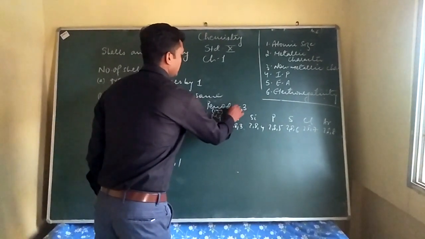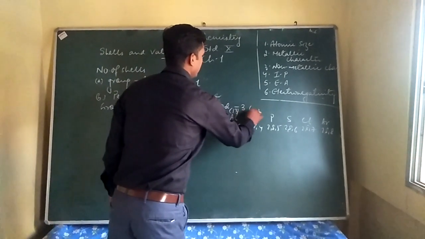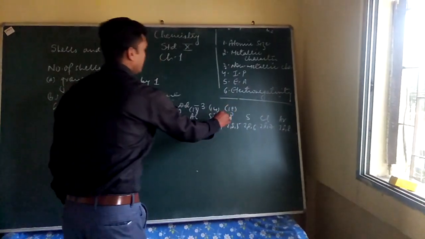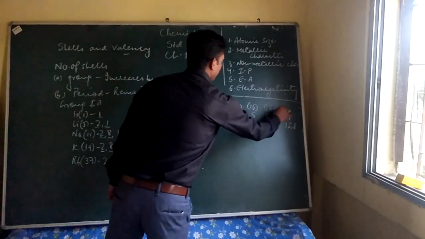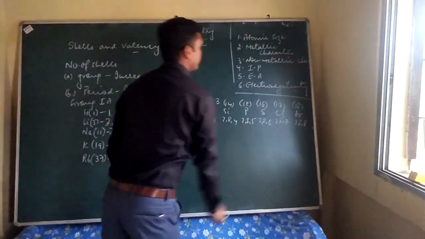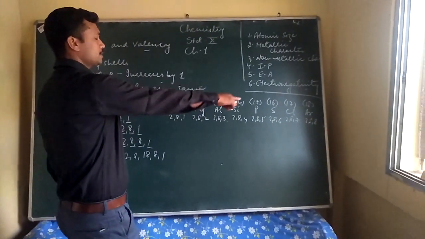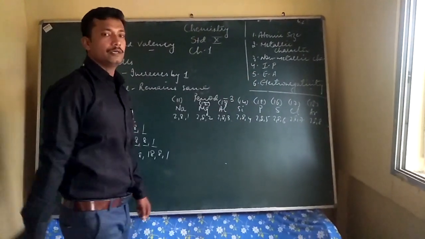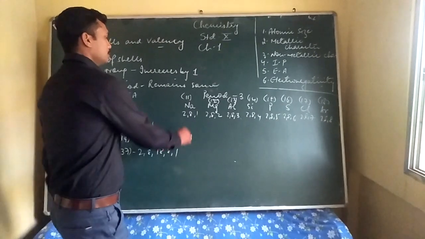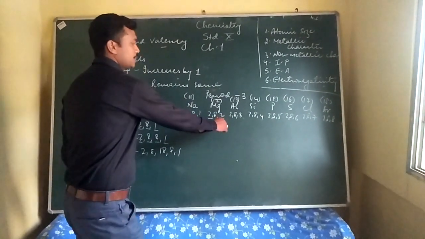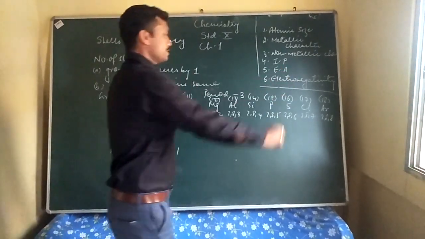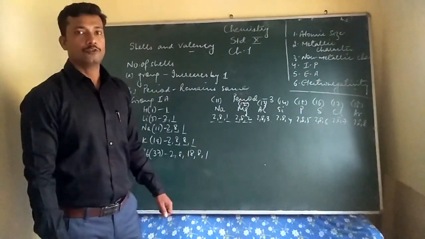Then aluminium 13, silicon 14, phosphorus 15, sulfur 16, chlorine 17, argon 18. If you write the electronic configuration, you find the number of shells remains the same. Sodium has 3 shells, magnesium has 3 shells, and so is the case with all other elements in that period.